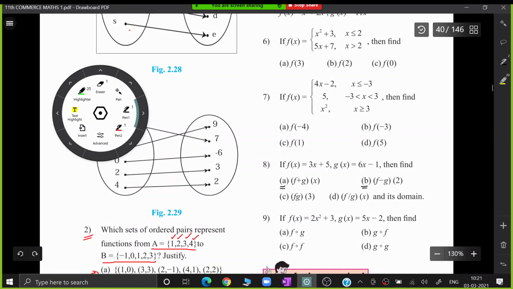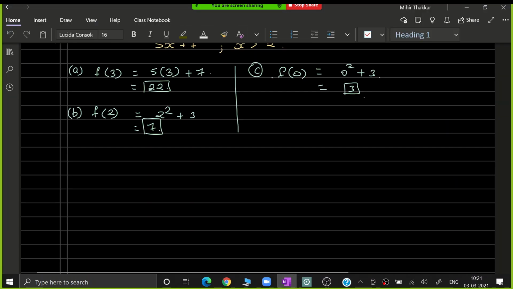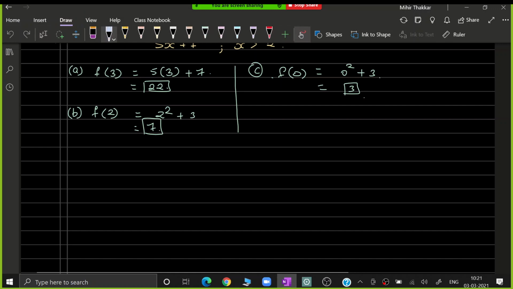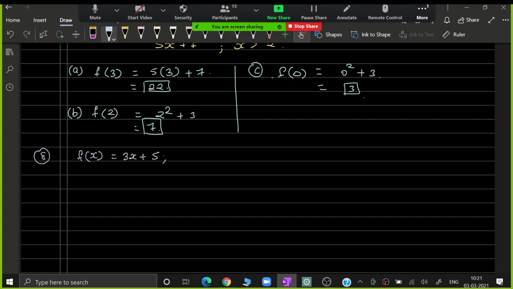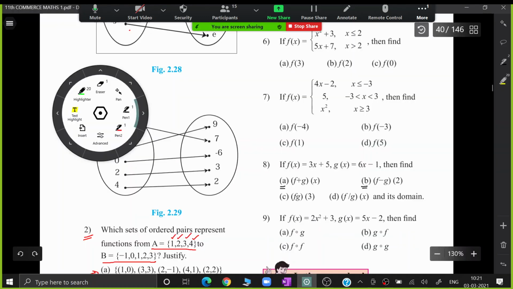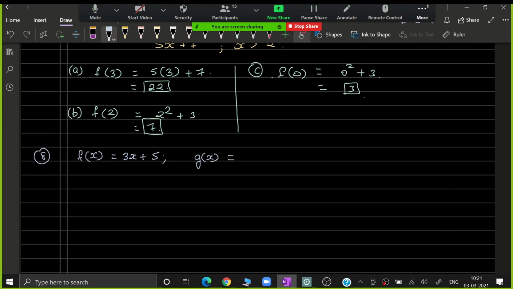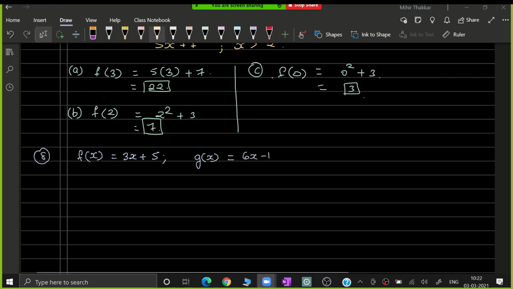Question number 8, f(x) is given to be 3x plus 5 and g(x) over here is given to be 6x minus 1. Okay. So now over here, f(x) is 3x plus 5, g(x) is equal to 6x minus 1.